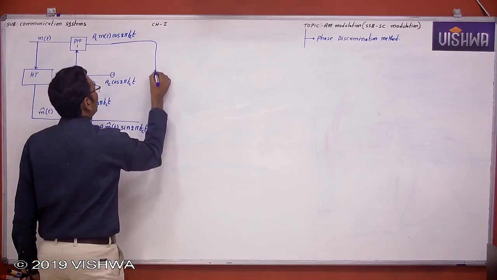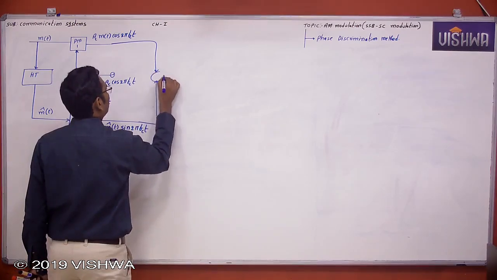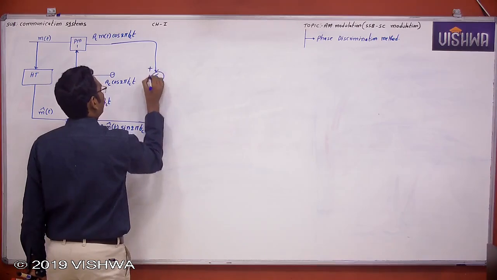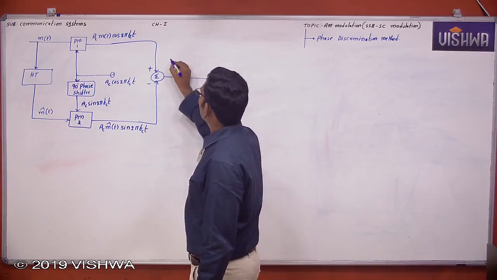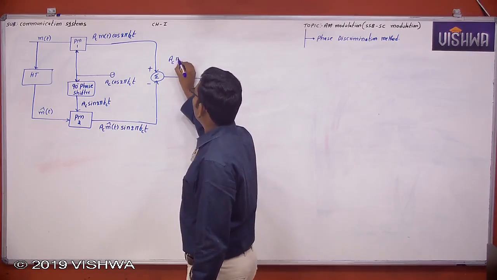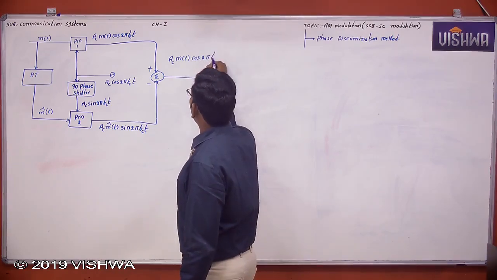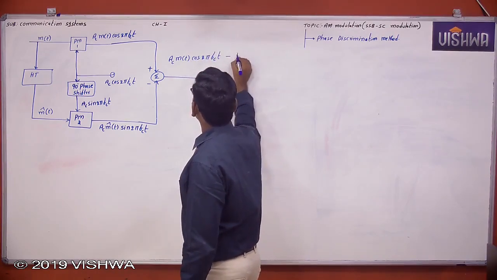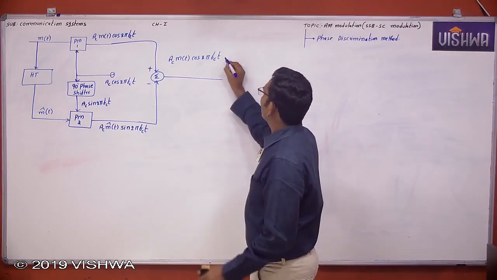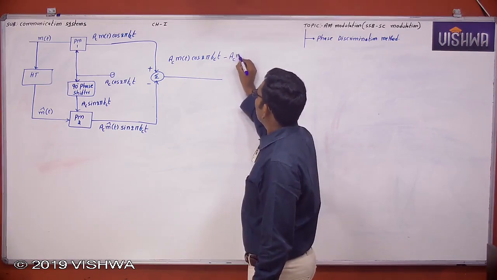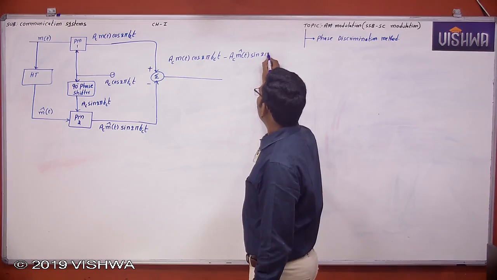Now the outputs of the two product modulators are connected to a subtractor circuit. This is Ac m(t) cos 2 pi fct minus Ac m cap of t sin 2 pi fct.